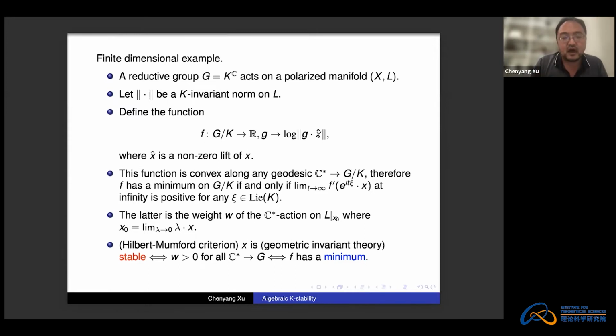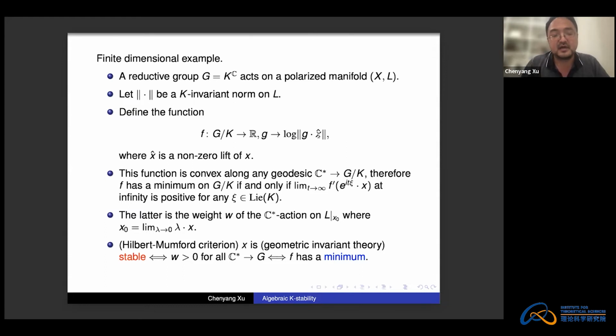So now we look at the one parameter group C star of G. And we know that these give geodesics on G mod K. And one can easily verify that this function F is actually convex along this geodesic. So now we come to the picture that F is a function that is convex along all geodesic directions. So my question is whether F has a minimum on this open manifold G mod K, this non-compact manifold.